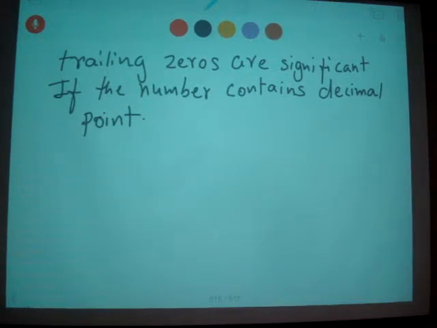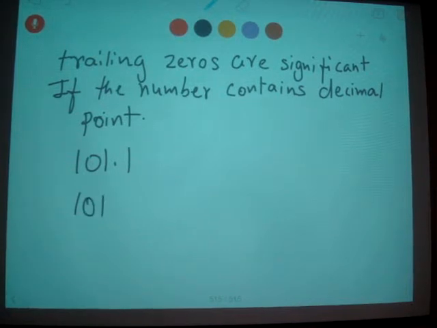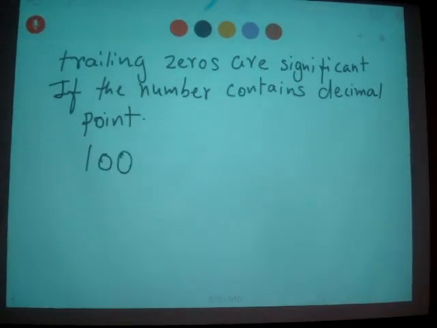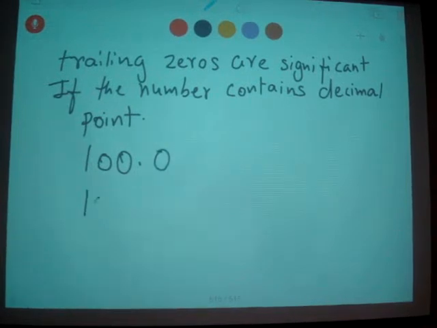Again, I'm going to give you an example. 101.1 and 101. Okay, hold on. That's not a trailing zero. Let me give you one more. 100.0 and 100.